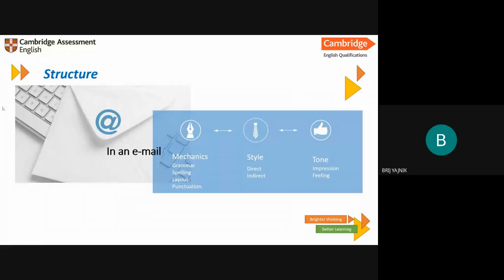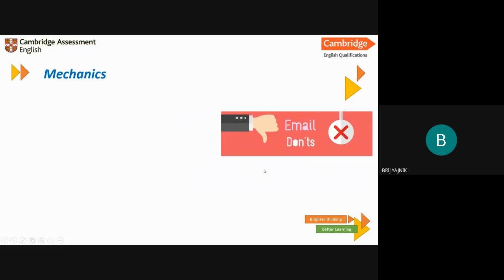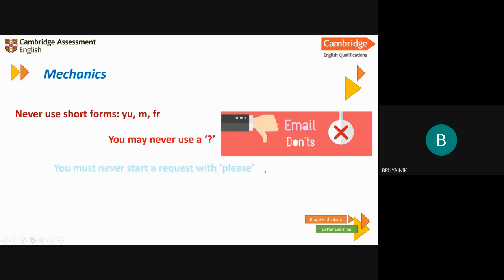In mechanics, we need to focus on grammar, spelling, and pronunciation, but that is generally taken care of by software like Grammarly and other online tools. As far as style is concerned, we have the direct and indirect way of saying things, right? And we focused on a few rules.